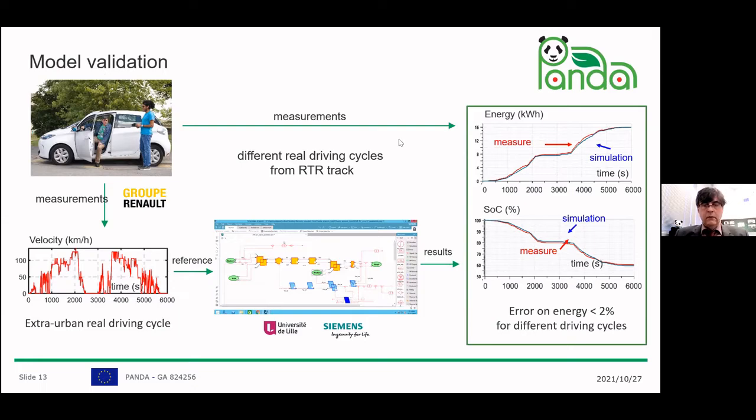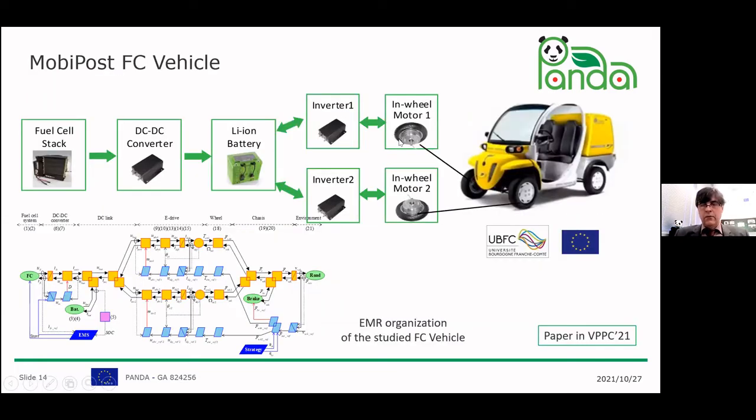Of course, we do the same for the fuel cell vehicle. The fuel cell vehicle is MobiPost, which is a postal vehicle for the French postal service. It has been developed by Université de Bourgogne-Franche-Comté during another European project.